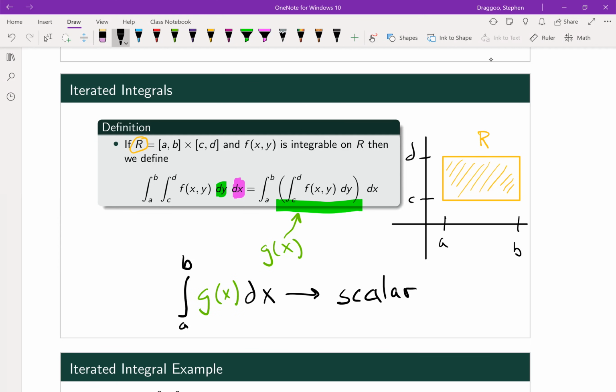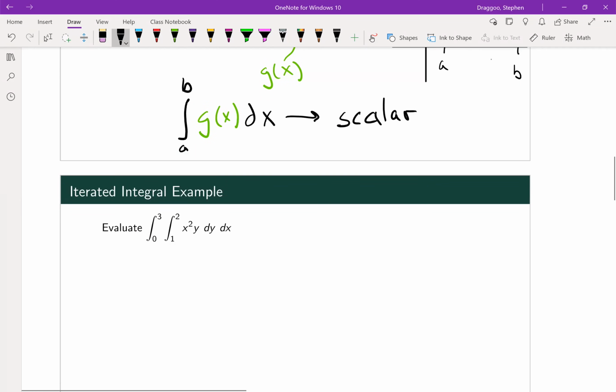So by the time we take two iterated definite integrals over some region, our ultimate result should be just a number, as we'll see if we do the next example.